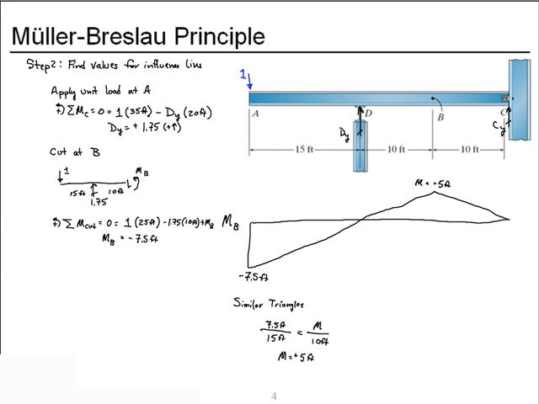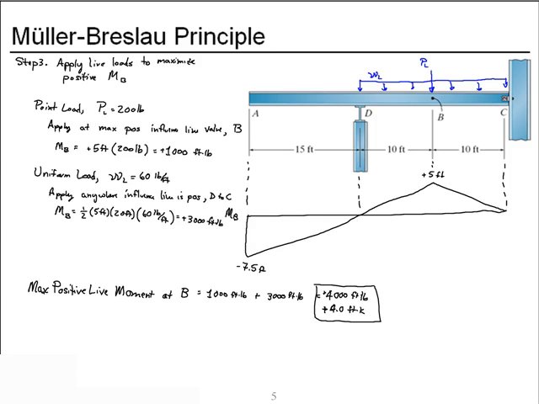So in this case, I chose point A to apply my unit load. We calculated reaction, cut it at B, calculated the moment at B due to the unit force at A, and that gave us this magnitude. We then used similar triangles to find our last remaining magnitude for our influence line.